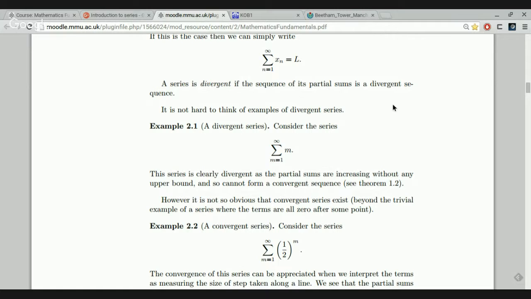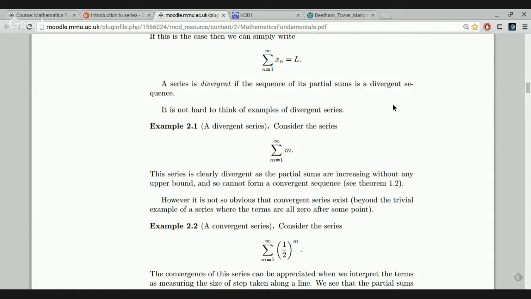Now the next example we're going to look at is called the harmonic series. So this is this series here, adding up 1 over m as m goes from 1 to infinity.